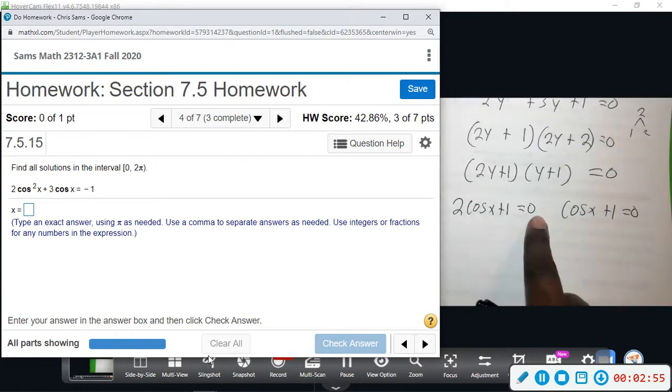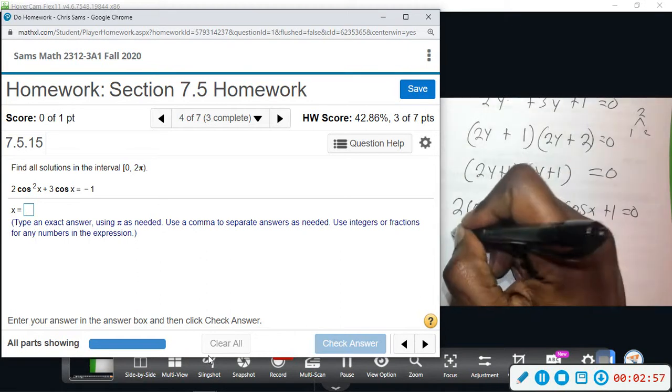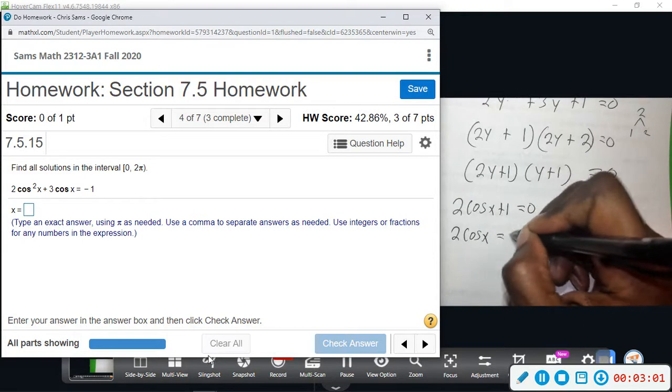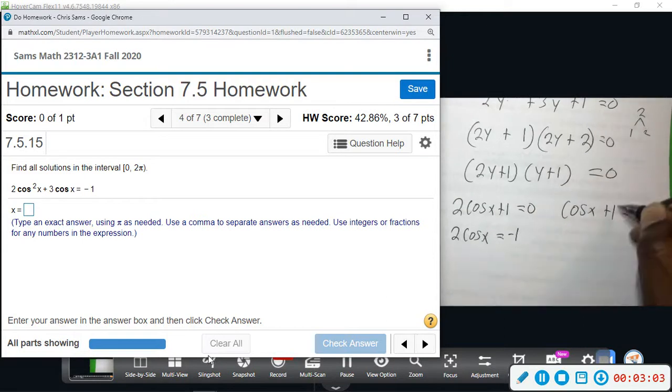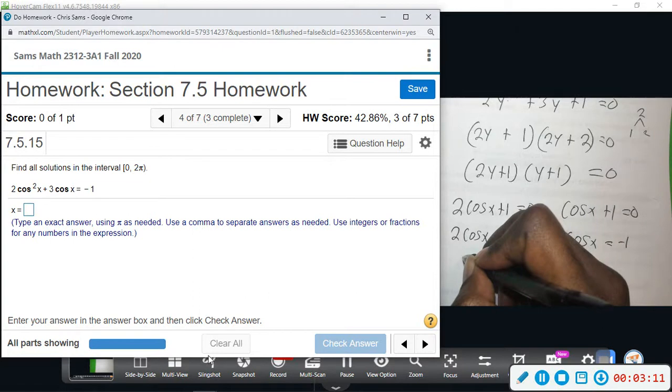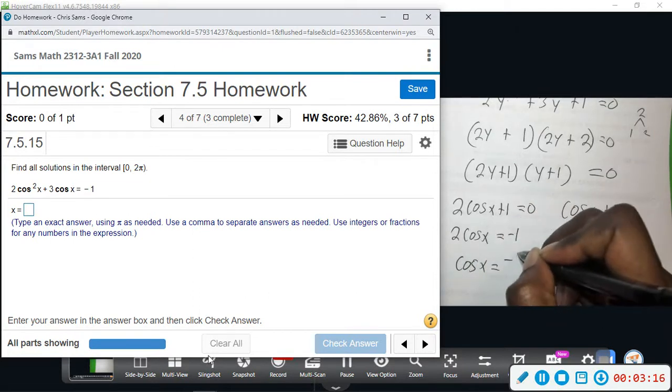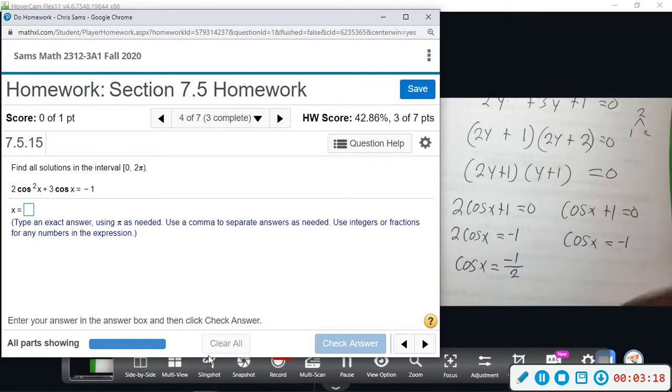So we would subtract 1, 2 cosine of x equals negative 1, and then subtract 1 here, cosine of x equals negative 1, divide by 2. So we get cosine of x equals negative 1 divided by 2. So we'll figure this out, and then we've got to figure this out.